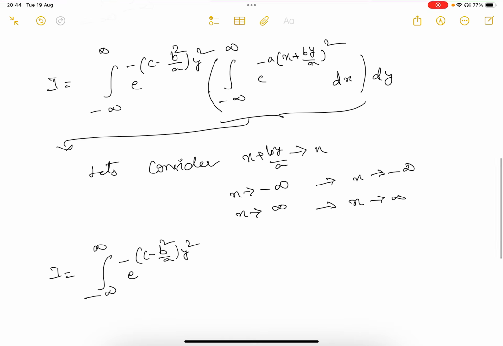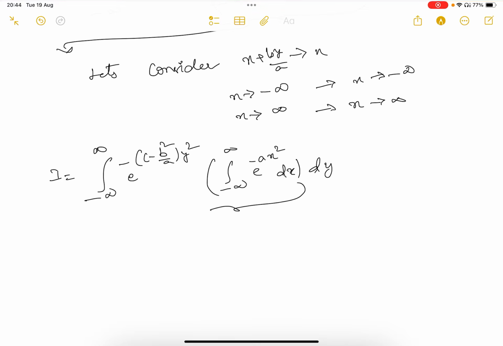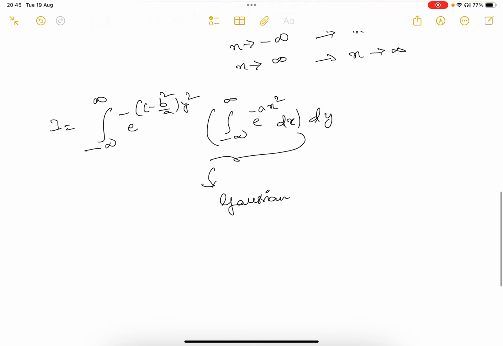Then this will be the integral minus infinity to plus infinity e to the power minus a x² dx into dy. Then this term which is in the brackets is a Gaussian integral, right?